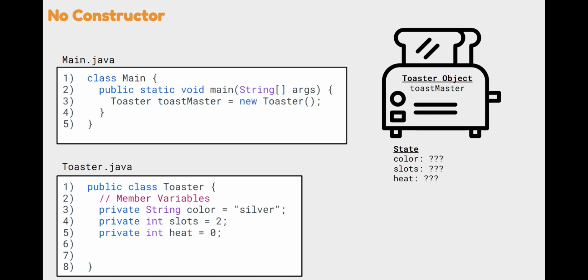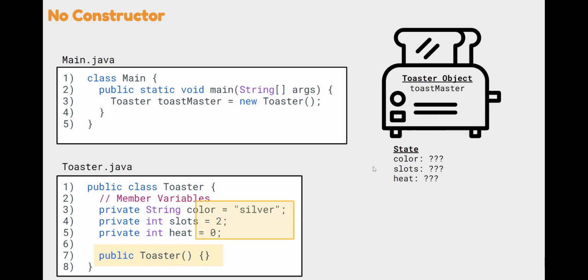In this example, on line 3 of the main.java, we are still calling the toaster constructor. We're making a new toaster called Toastmaster, and we are calling the no parameter constructor. If we look down in the toaster class, we do not have a constructor in here. We know that Java will automatically provide us the no parameter constructor.